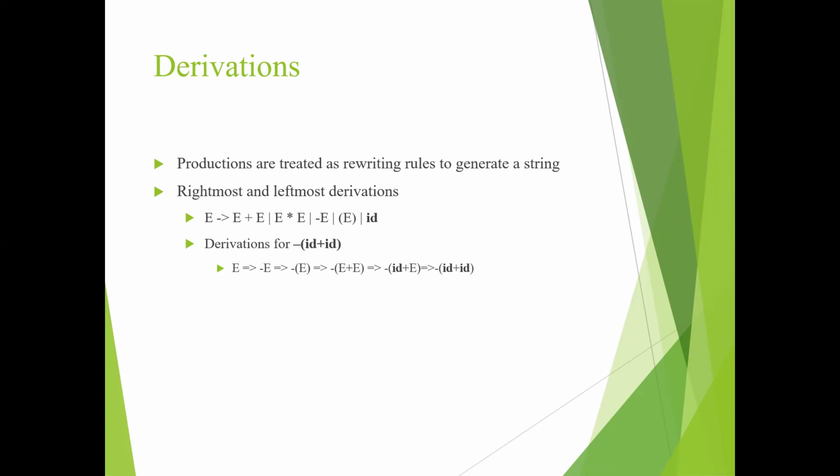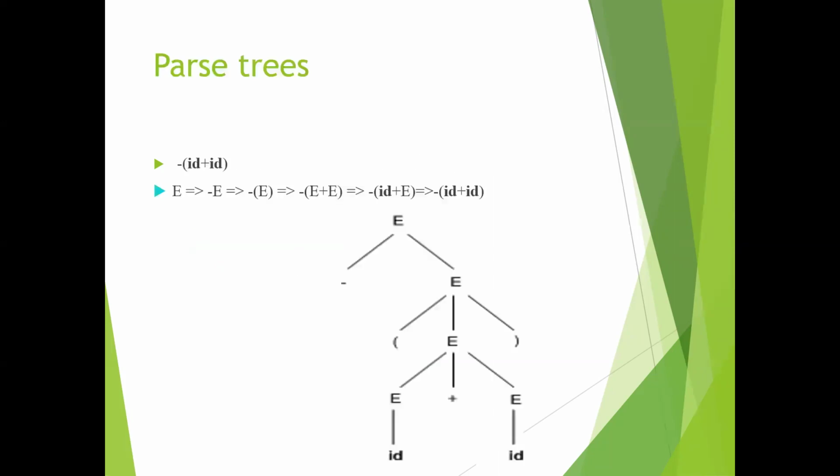Based on the derivation for the generation of a particular string, we can construct the parse tree. Again with the same example, id plus id, we can construct the parse tree with the leftmost derivation or the rightmost derivation based on the productions given for that input string.